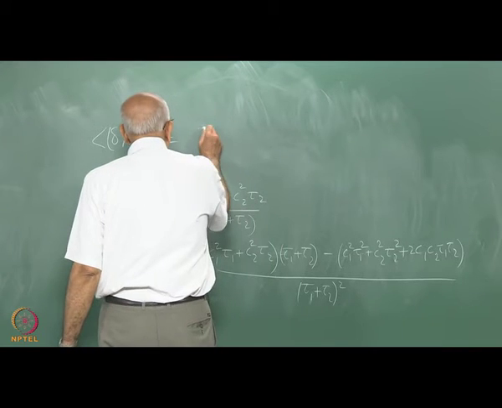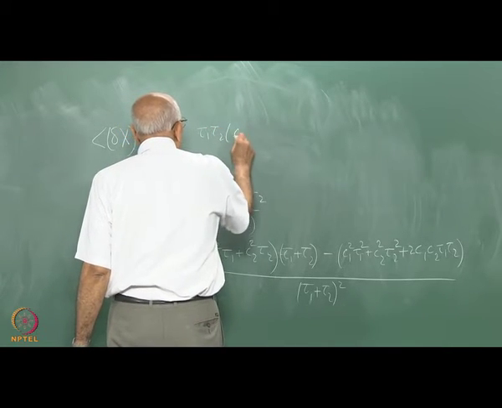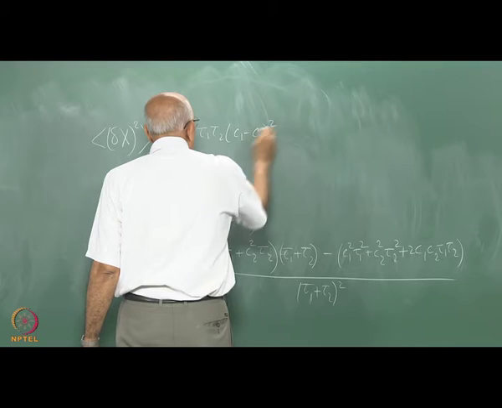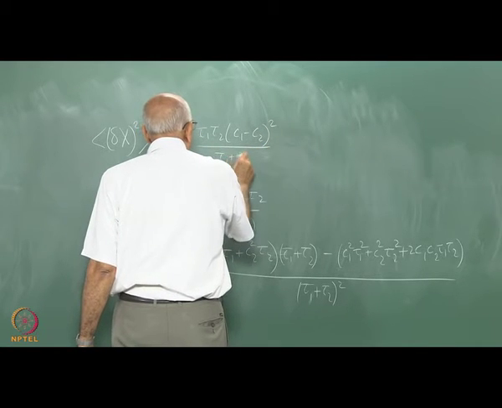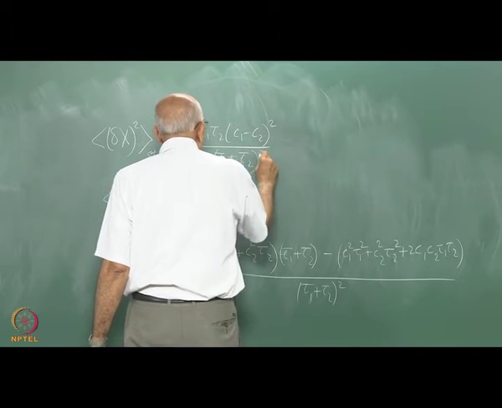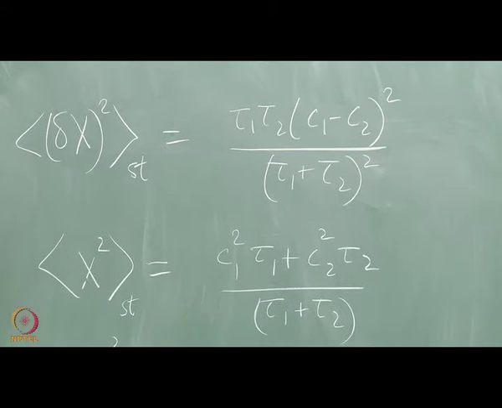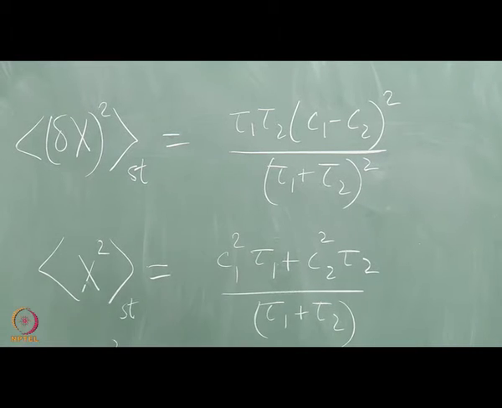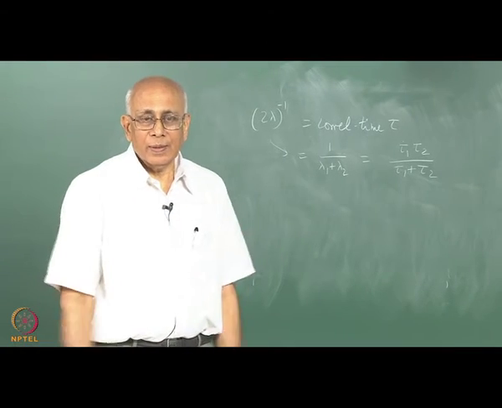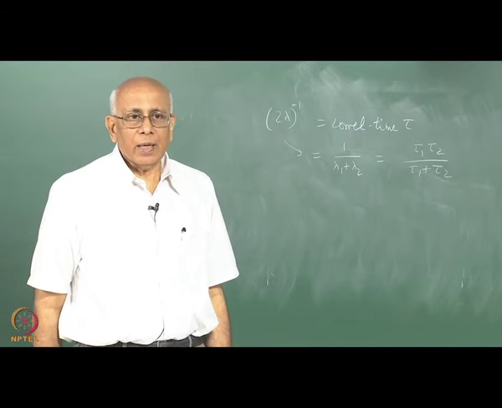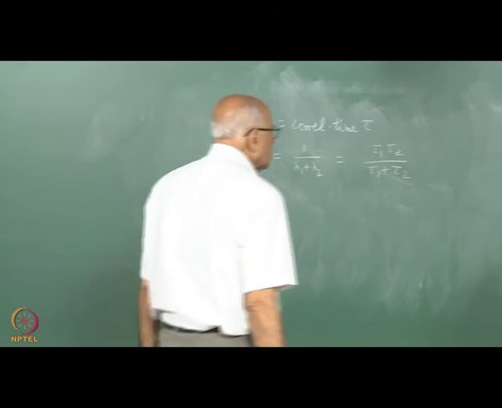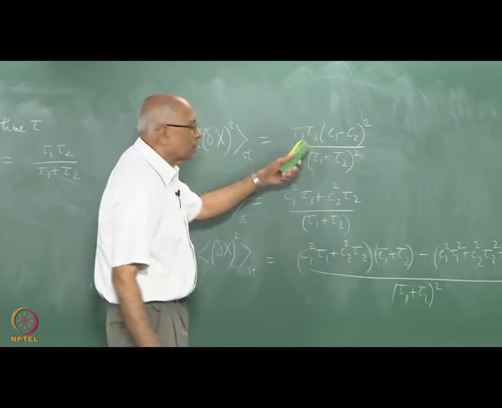So this is equal to tau 1 tau 2 over tau 1 plus tau 2 times C1 minus C2 whole squared. Right, that is it. Okay. Now what is tau 1 tau 2 over tau 1 plus tau 2? It is the correlation time, right. So there is a direct connection between this.